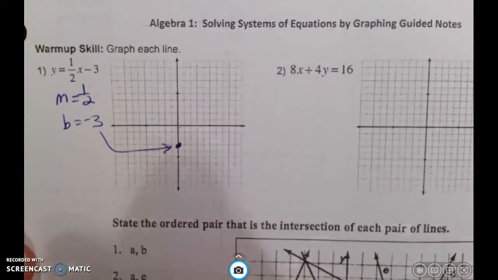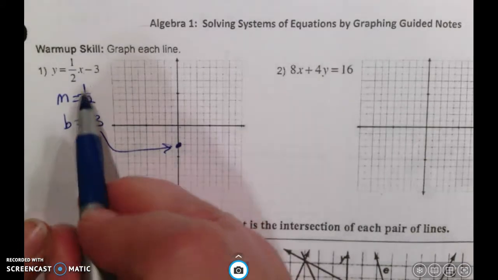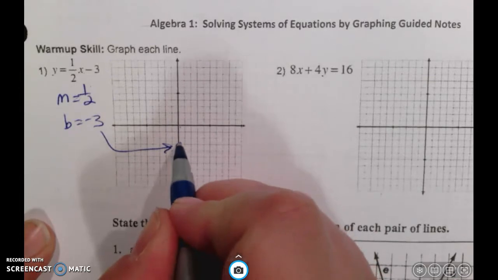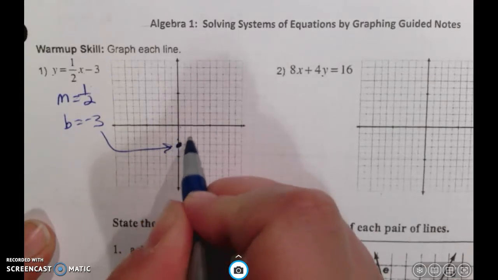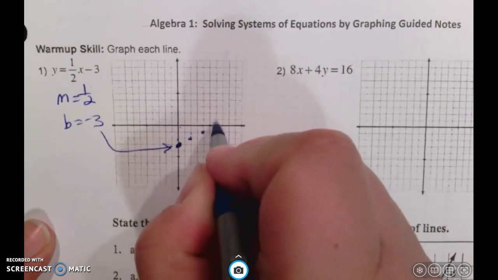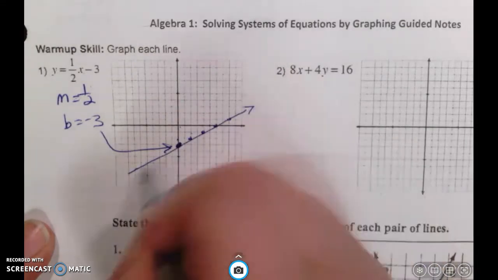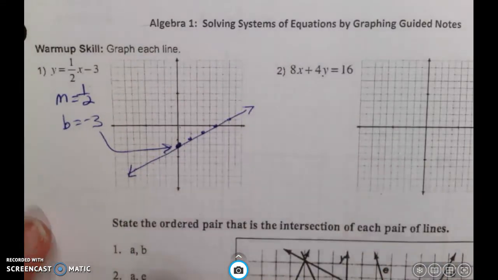The second step is to use rise over run to establish some more points on your line. A slope of 1/2 means rise 1 and run 2. So up 1 and right 2, up 1, right 2, and so on. Once you get a few points, sometimes it's good to get a bunch to make sure your line is accurate.